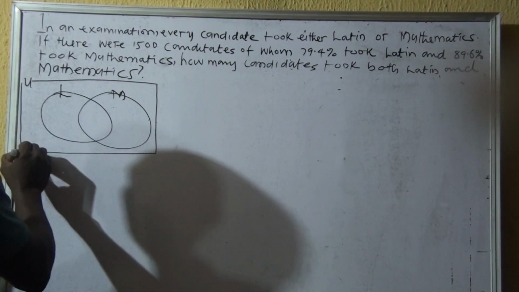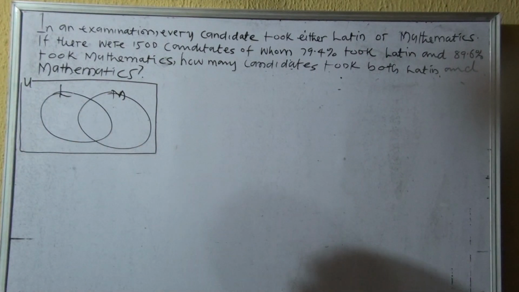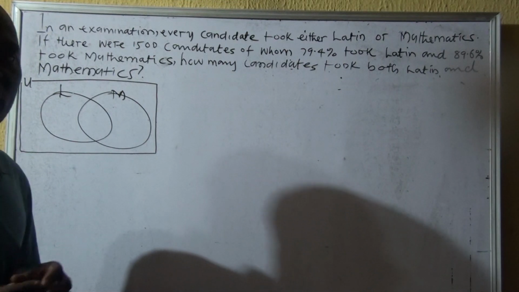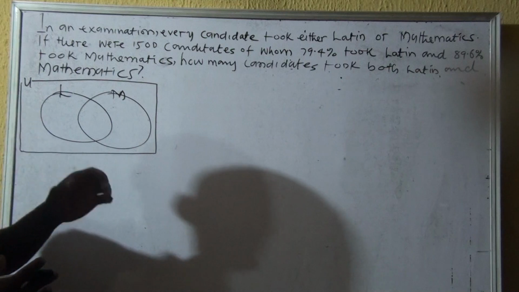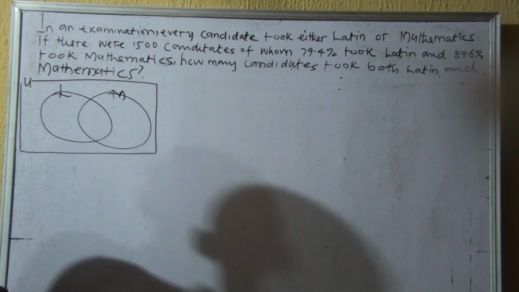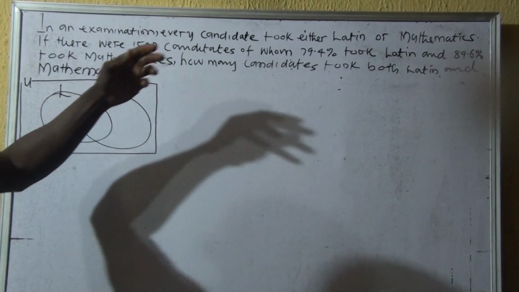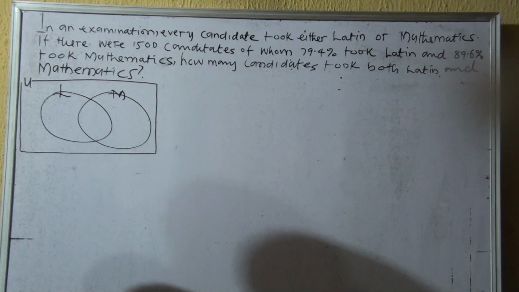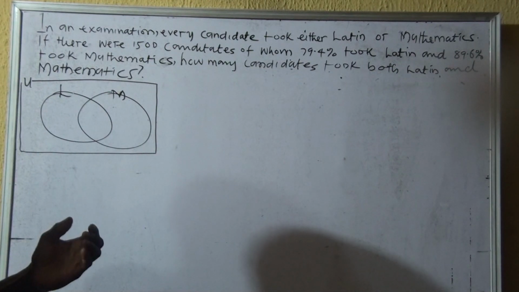Okay. Now we have to look at the question carefully and see what is to be done first. Before we can find the number of candidates who sat for both exams, we must find the percentage, because the question is typically based on percentage. We have to know the percentage of students who sat for both subjects.